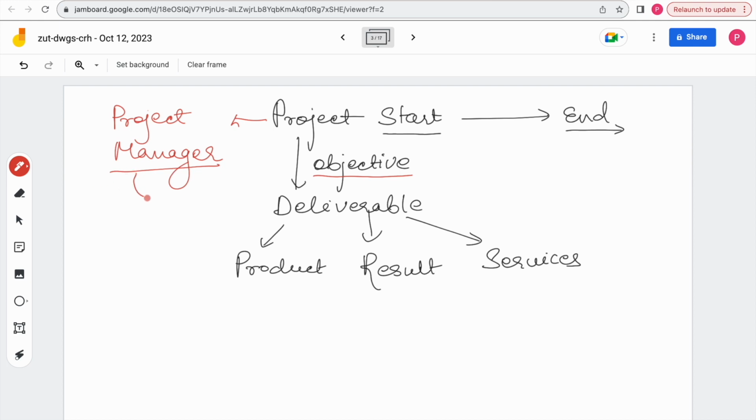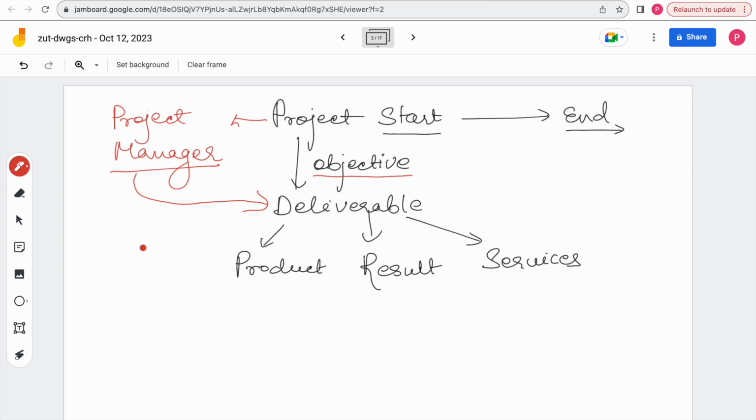So the project manager is basically concerned with the deliverables. Nowadays, what industry expects from a project manager is an end-to-end responsibility. Whatever product, result or service the project manager is making, they have to make sure that it goes well in the market and people buy the product, so they also have a business role nowadays.